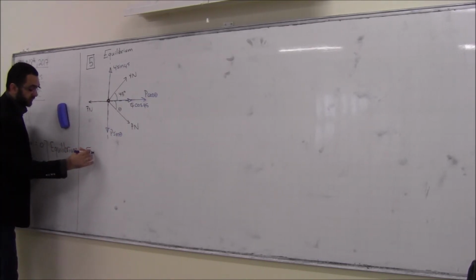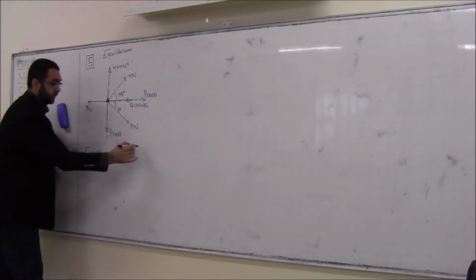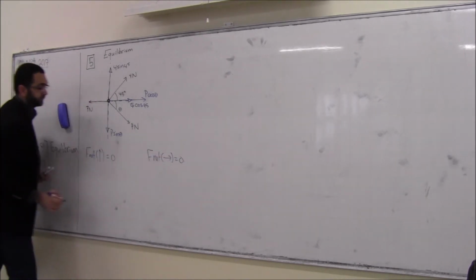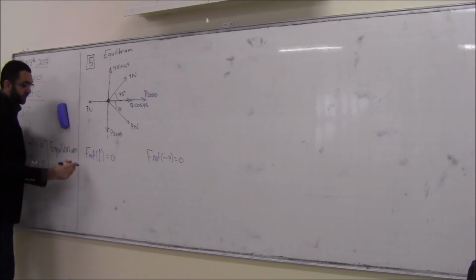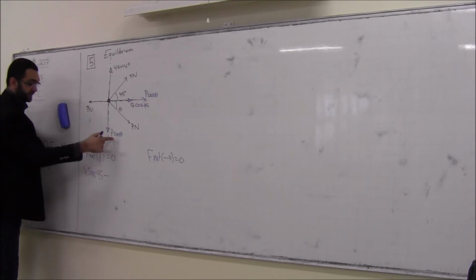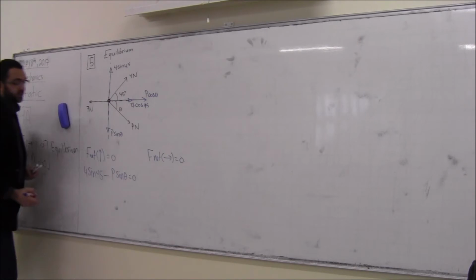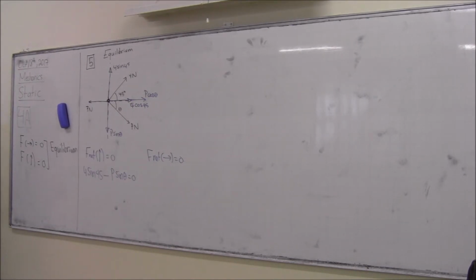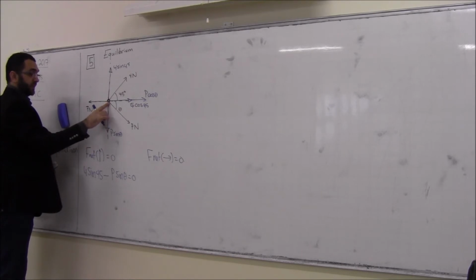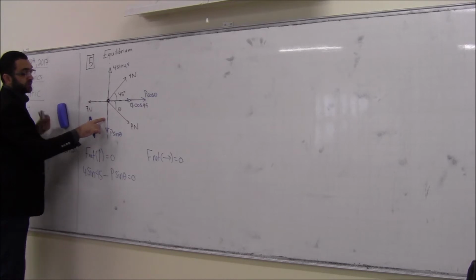F net upward equals 0. F net horizontal equals 0. What do we have here? 4 sine 45 minus P sine theta equals 0. Sorry, this one. Well, if the force lies between the x-axis and y-axis, it should be resolved. How will we resolve the force?